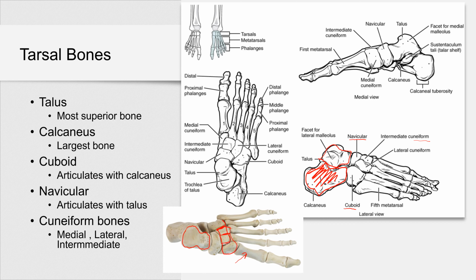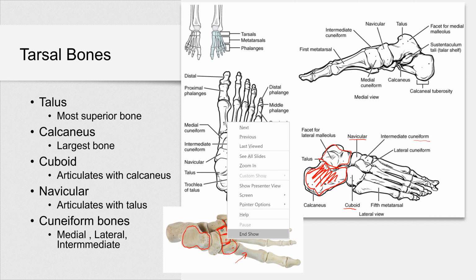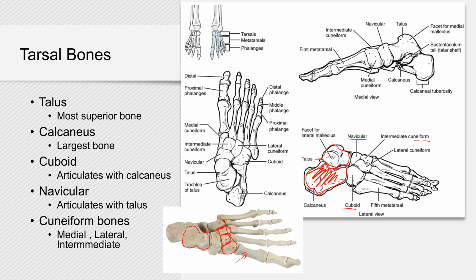Because this is on the medial side, we have medial cuneiform, we have intermediate cuneiform, right, and we have lateral cuneiform. Okay, so that's your talus, this is your calcaneus, this is your navicular, and this is your cuboid, right there.